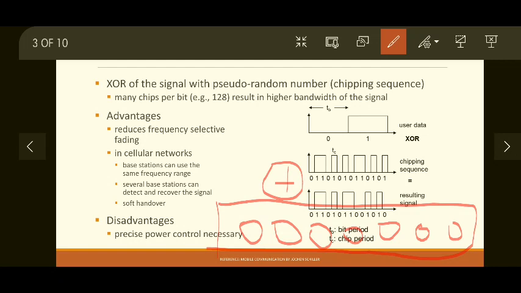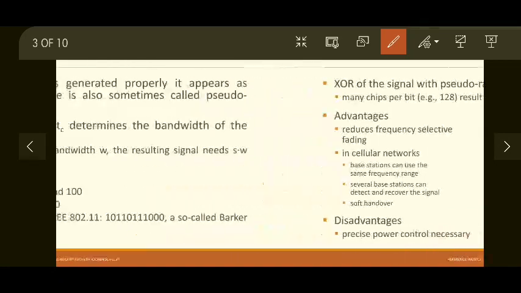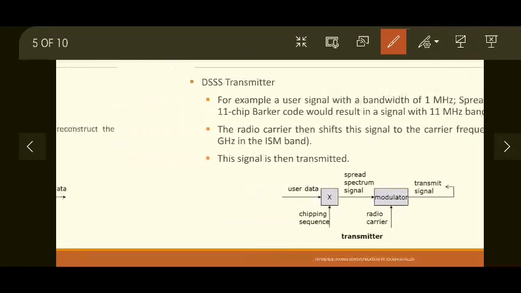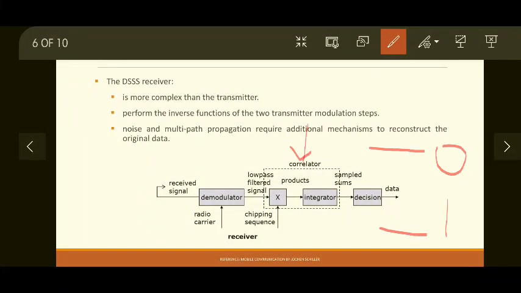Now rather than summing them, since summing will increase the power levels, we are going to integrate them. Integration will perform an analog summation of the received bits. In the integrator, all those 7 bits are integrated or combined together, and whatever power level comes, that is compared with our 0 or 1.